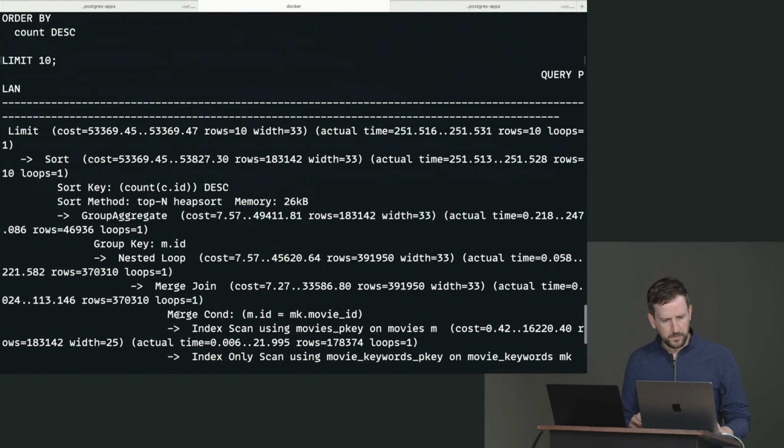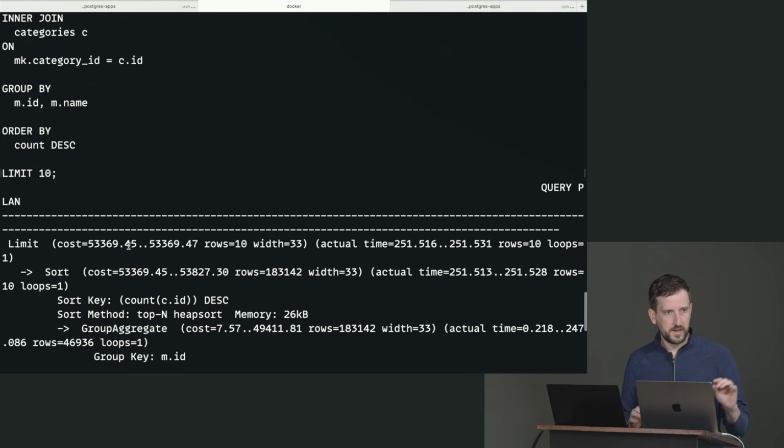Because again, remember, the setup for indexes is not free, which means frequently the cost of setting up to use an index will exceed the cost of doing a sequential scan. So it'll elect to not use your index. Does that make sense? So don't get frustrated if it's not using your index.